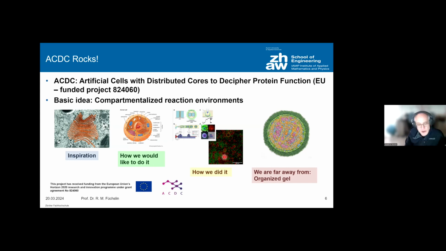This is a Golgi apparatus. That's a very important compartmentalized structure in the cell, which helps us to build up branched oligosaccharides in our body. We wanted to build up a structure which could do, probably not exactly that, but something that at least resembles structures like this.